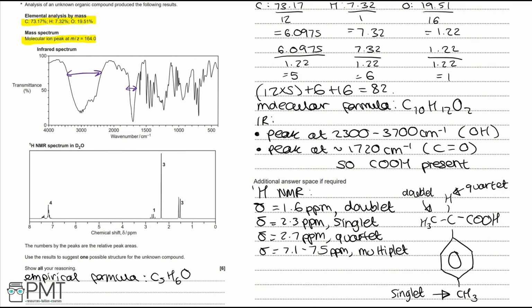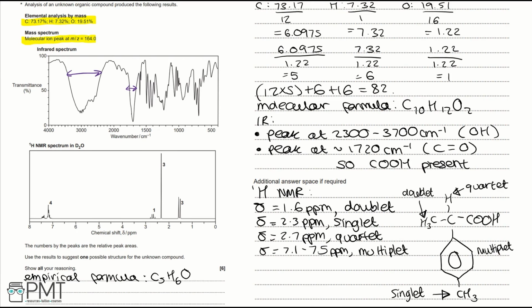We would have a doublet splitting pattern because there's 1 hydrogen involved in the environment next door. And finally, our multiplet splitting patterns would occur on our benzene ring because they are in the right area, which is corresponding to our data sheet with the chemical shift values.